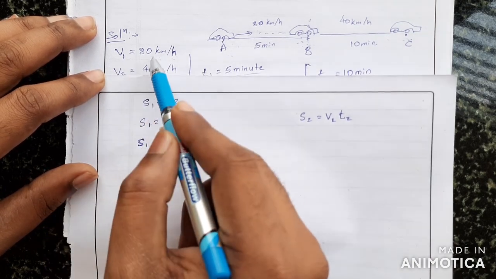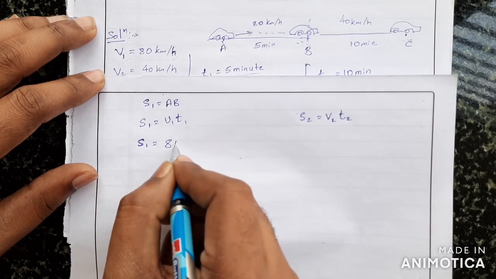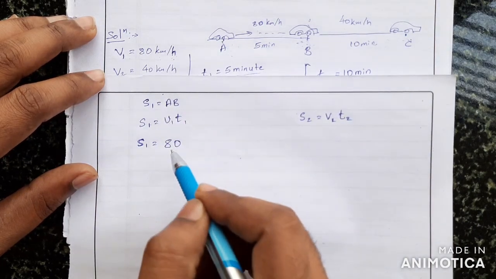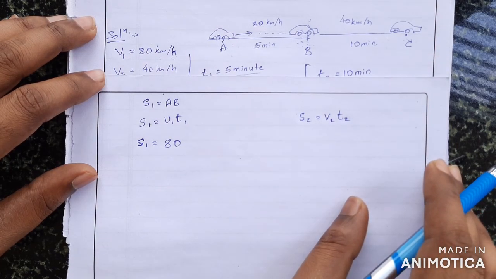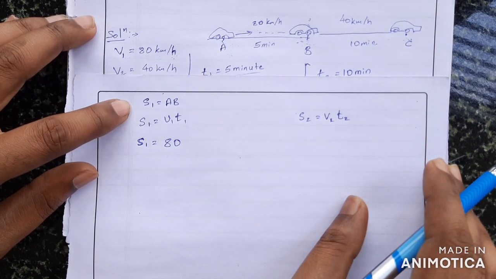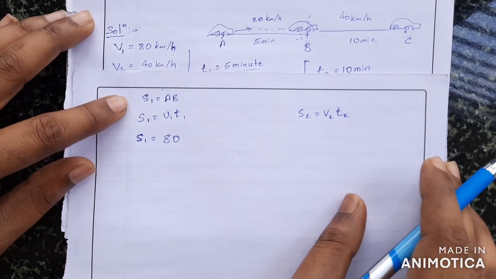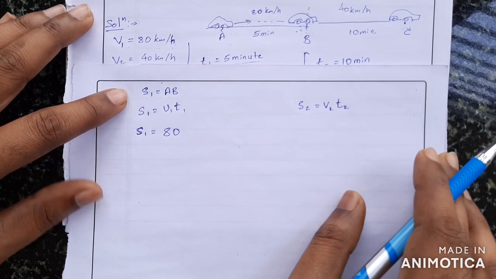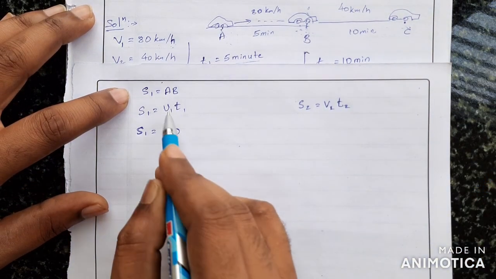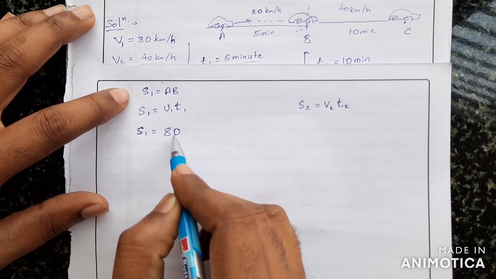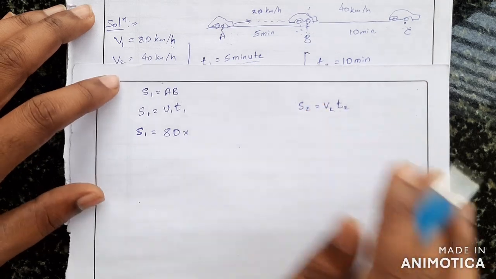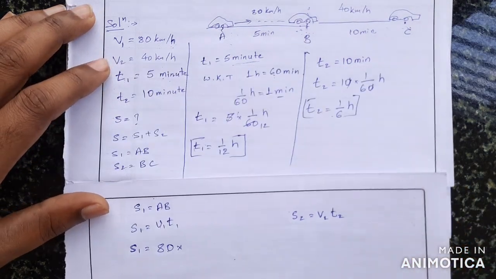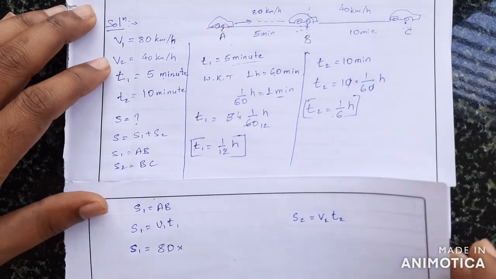Here it is, V1 is 80 km per hour. So when you substitute the values into the formula, you should not write the units. Don't need to write 80 km per hour, only the values or numbers should be written. What is T1? We have calculated T1 is 1 by 12 hour.